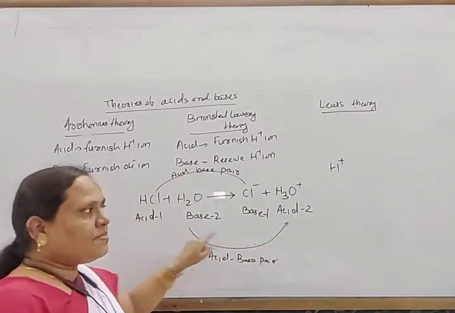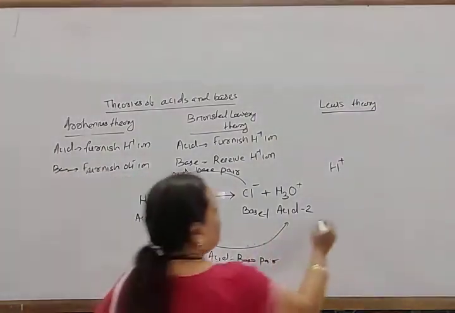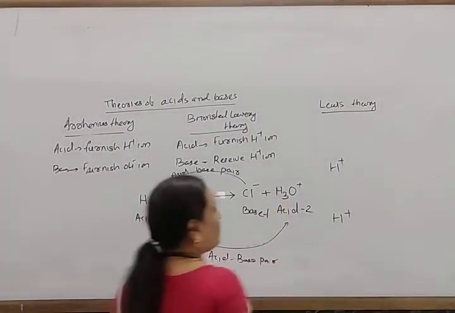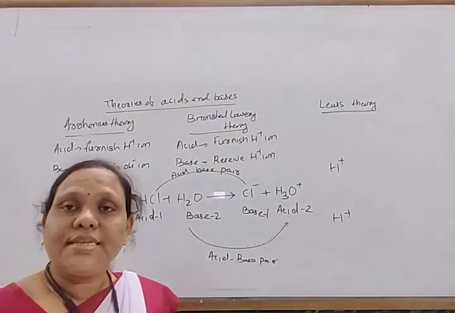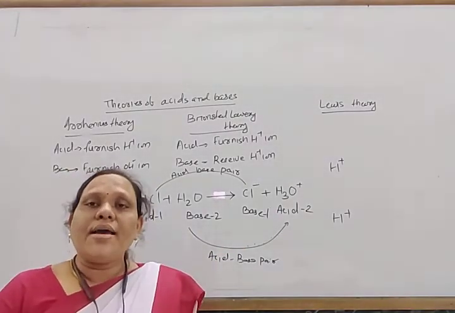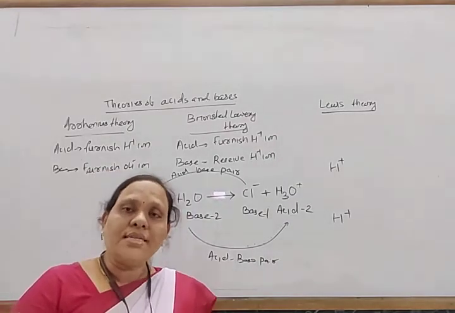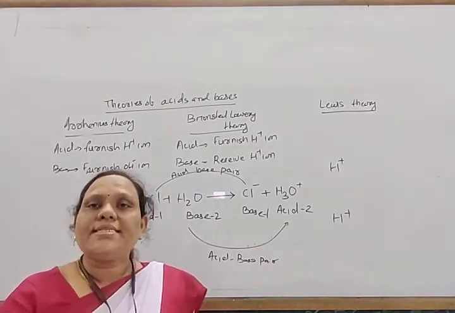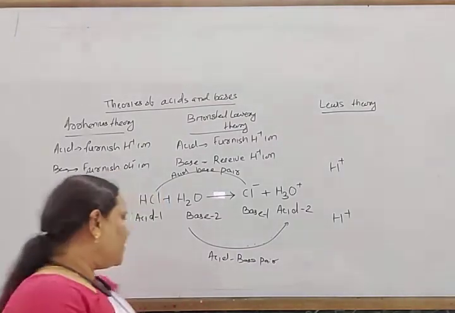And in this acid-base pair, they are also differentiated by 1 H plus ion. In this way, the acid and base pair which are differentiated by only 1 H plus ion is known as a conjugate acid-base pair.